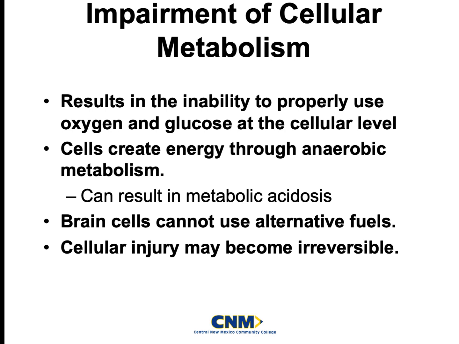Brain cells cannot use alternate fuels. They need oxygen, they need sugar, period. The brain doesn't get that, and the brain starts getting angry. It's going to start shutting down body systems that it does not need, and it usually starts with the kidneys.